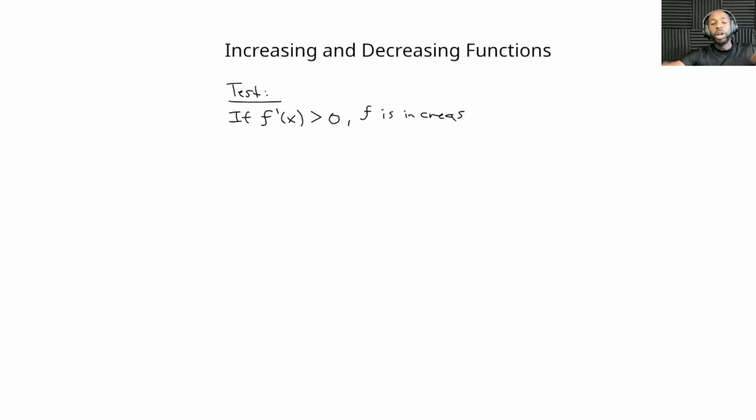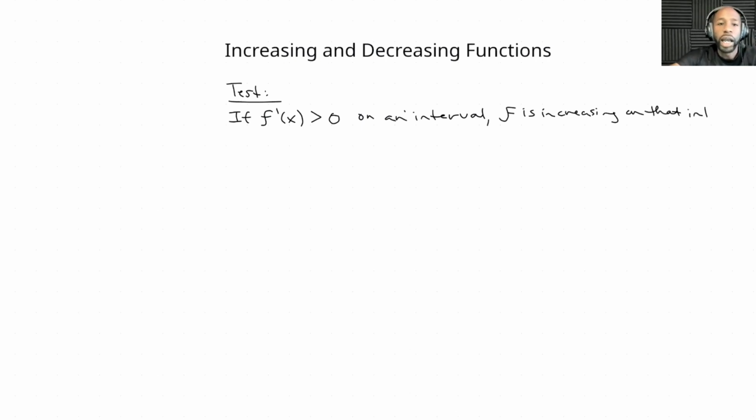This is on an interval, so I should say that. If f prime of x, the derivative, is greater than zero on an interval, then f is increasing on that interval.